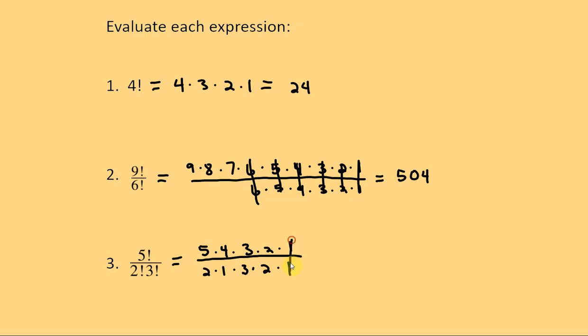And again, if we divide out what we have in common, and then 2 can divide into 4 2 times, that's just 5 times 2 divided by 1, which would be 10. Again, you could just put 5 factorial divided by 2 factorial times 3 factorial in your calculator, and you would get the same answer.